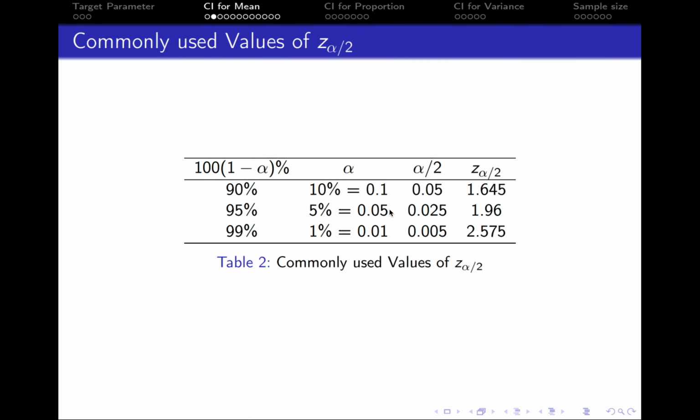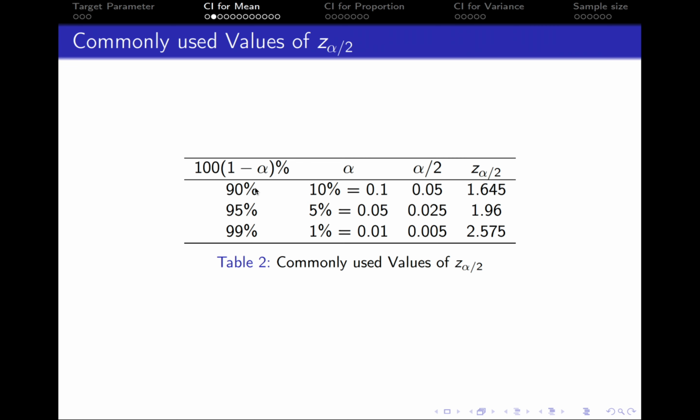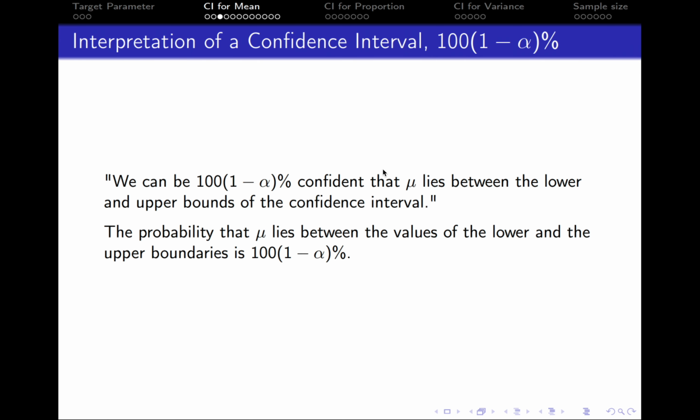I think this will be it for the z-scores, and now let's see how those confidence intervals should be interpreted. We can be a certain percentage confident. In our case, we can be either 90%, 95%, or 99% confident that the population mean, mu, lies between the lower and the upper bounds of the confidence interval.